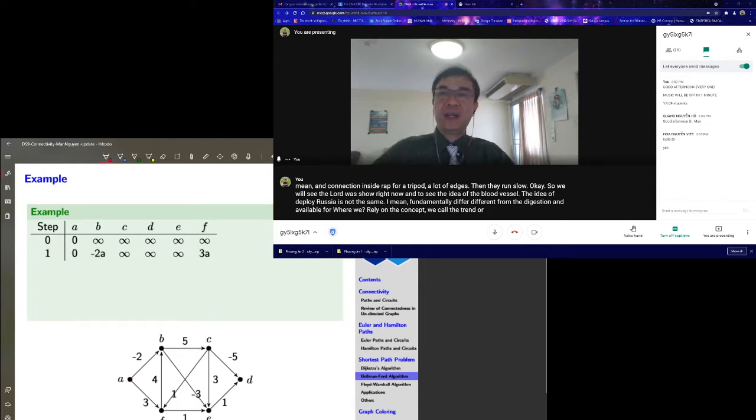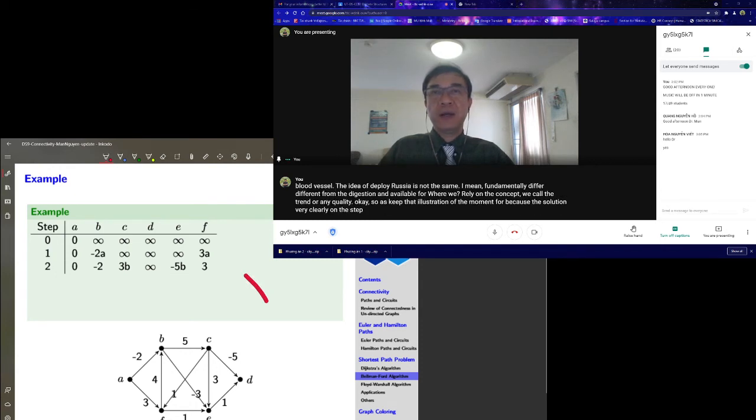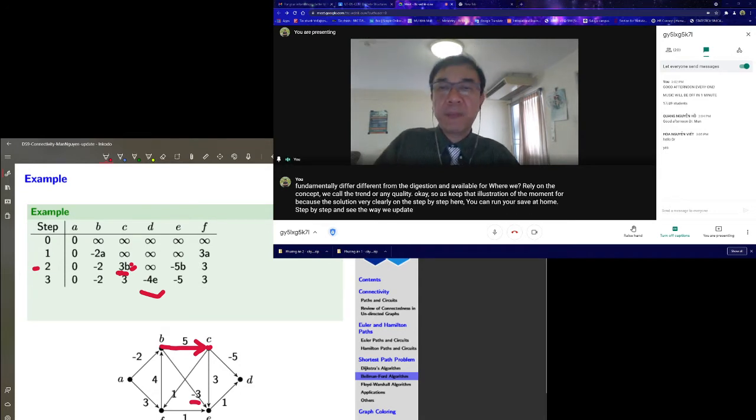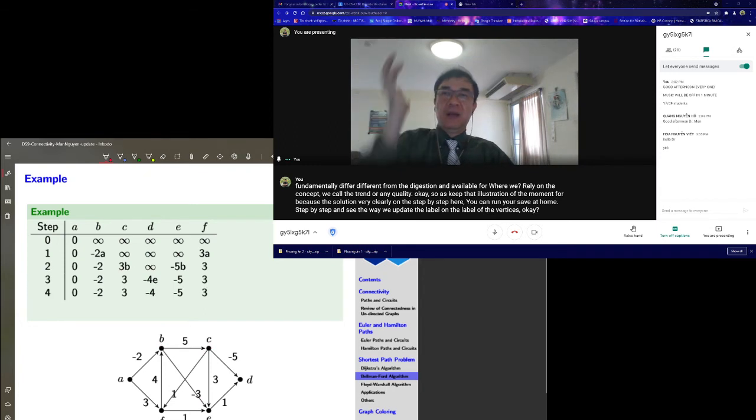Okay, so I skip the illustration of Bellman-Ford because the solution is very clear step by step here. You can run it yourself at home step by step and see the way we update the label of the vertices. So I don't explain this example.